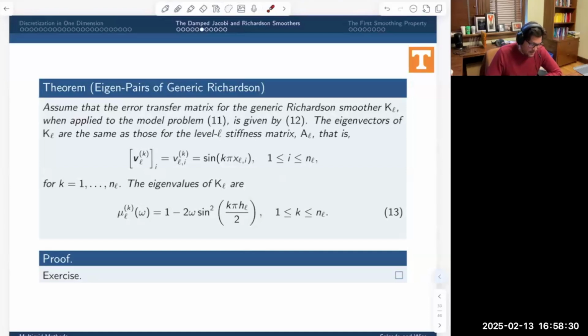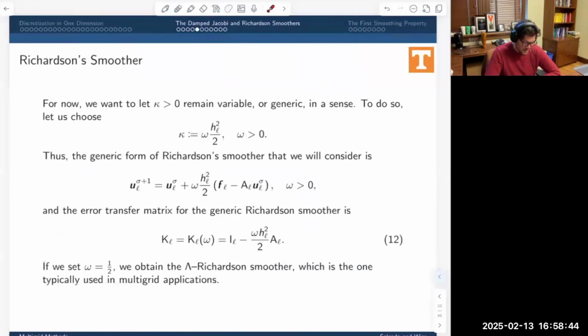What are the eigenpairs of the generic Richardson's method? Okay, so because we set this up to be nice in a way, we already said that if you look at the error transfer matrix for the generic Richardson smoother, which I just exhibited here, it should be clear that the eigenvectors are exactly the same as the eigenvectors for A, right?